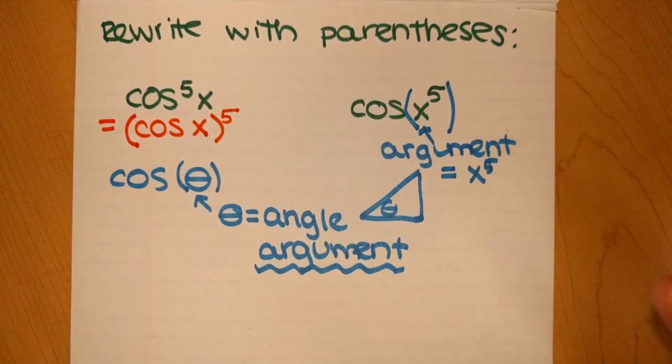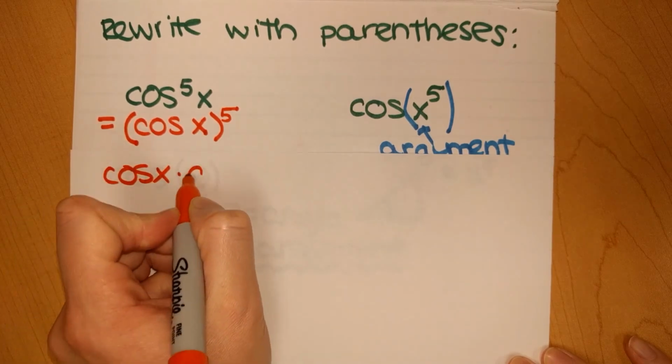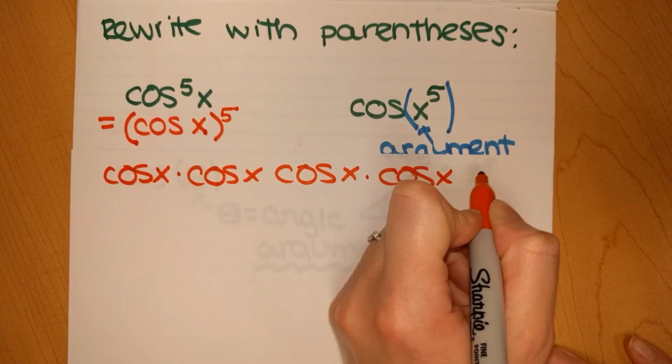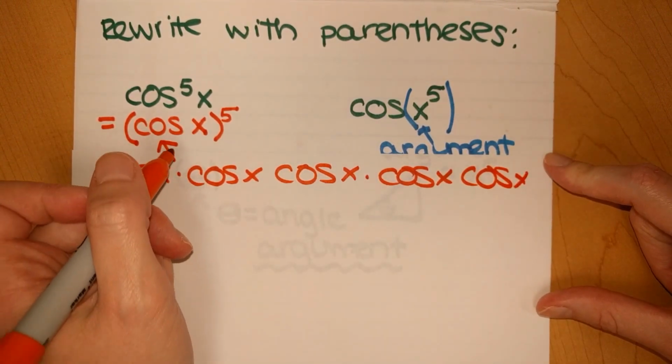So actually what we have in the case of cosine raised to the fifth of x is cosine written out 5 times. So we have cosine x, cosine x, cosine x, 5 times. That is what is being represented with this cosine x to the fifth.